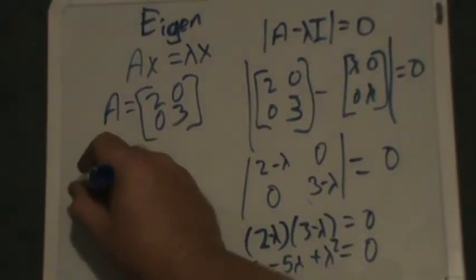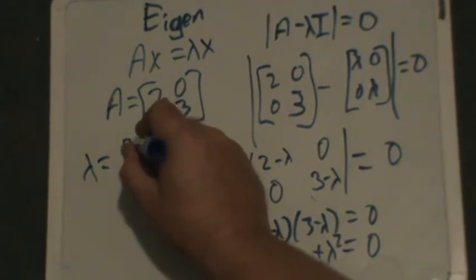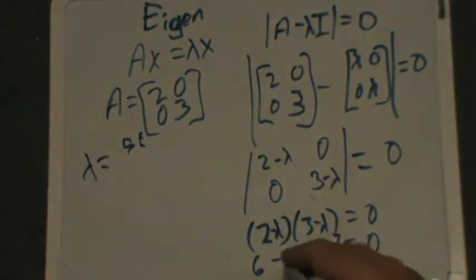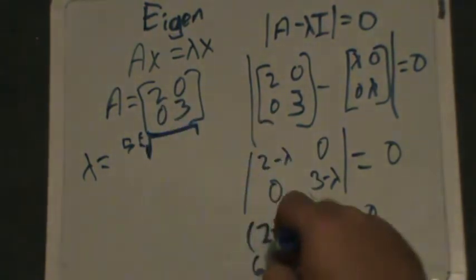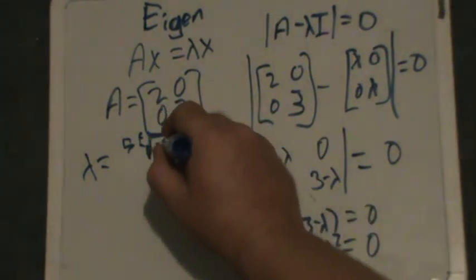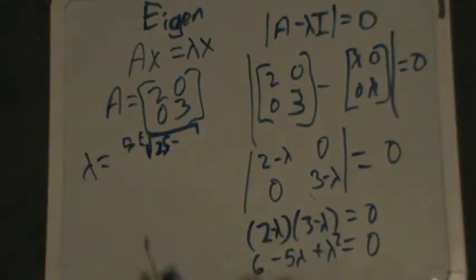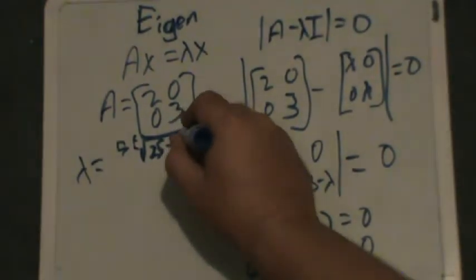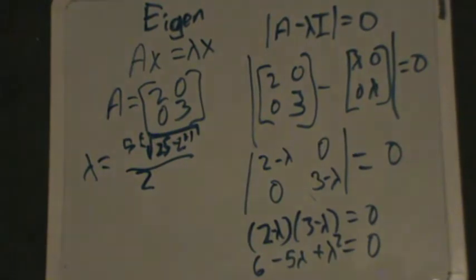So we just say lambda equals minus b, so that's 5, plus or minus the square root of b squared, 25, minus 4 times ac. So that's 4 times 1 times 6 is 24, all over 2 times a, which is 2.